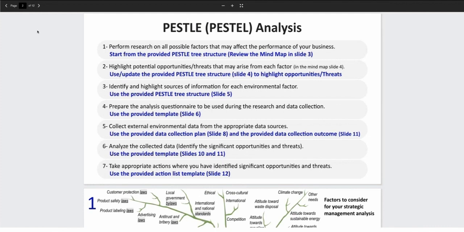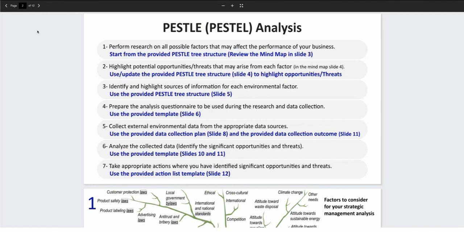Then we will identify and highlight sources of information for each environmental factor. Why? Because we need to do some research. We need to find out from which repository, from which source, we will be able to get the information about those topics.